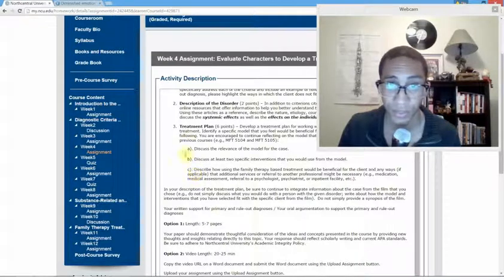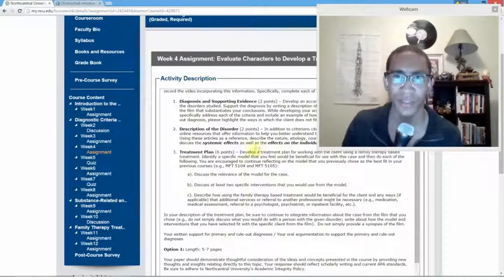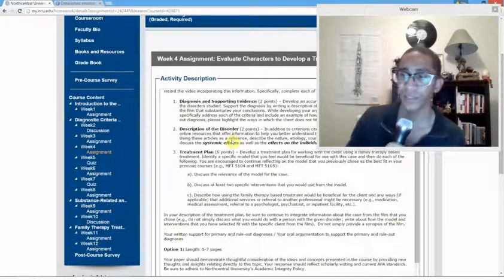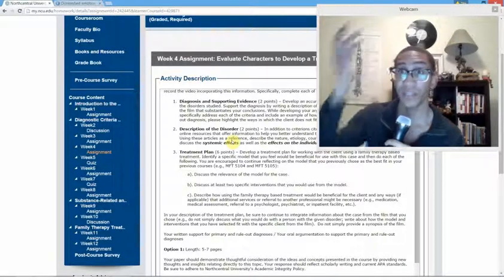Okay, I'm sorry. Discuss at least two specific interventions that you'd use from this model. I already discussed all that. Discuss the relevance of the model for the case. Like I said, schizophrenics are typically very symbol-oriented, so I think that working with the symbols that they create in a very therapeutic way is entirely relevant.